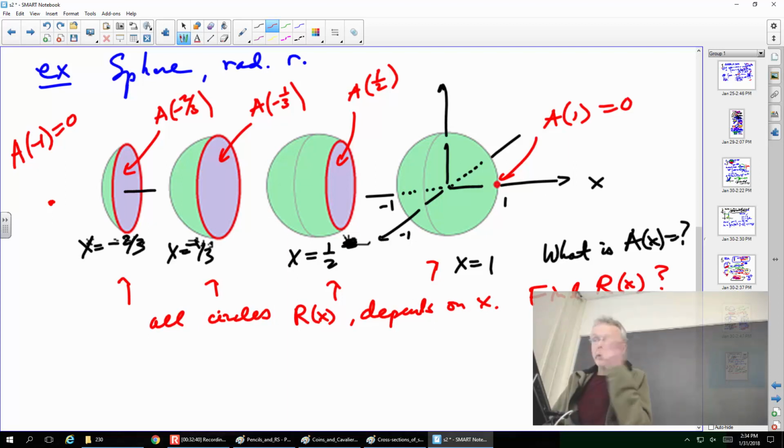Okay, so if we know R of x, then we will find the area. So we have a function A of x, which represents the area of these varying circles, and we need to find the varying radius. And from this three-dimensional picture it might be complicated to see it.